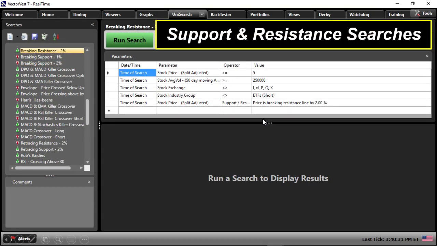All of the situations that I talked about today, all of the triggers, all of the situations that tell you to buy the stock, you can scan for it within the real-time program.